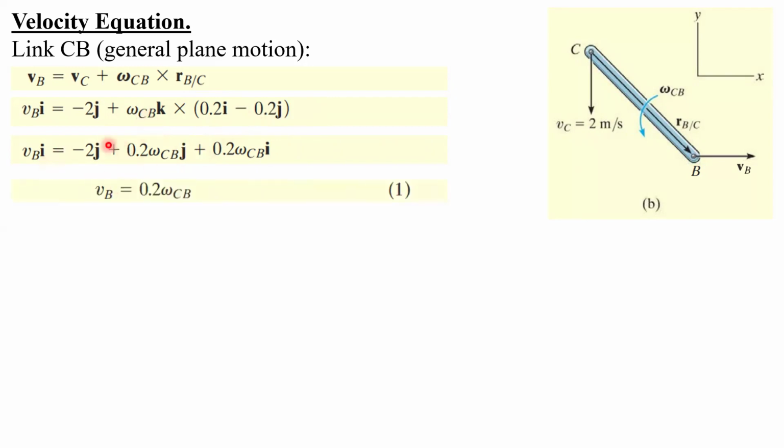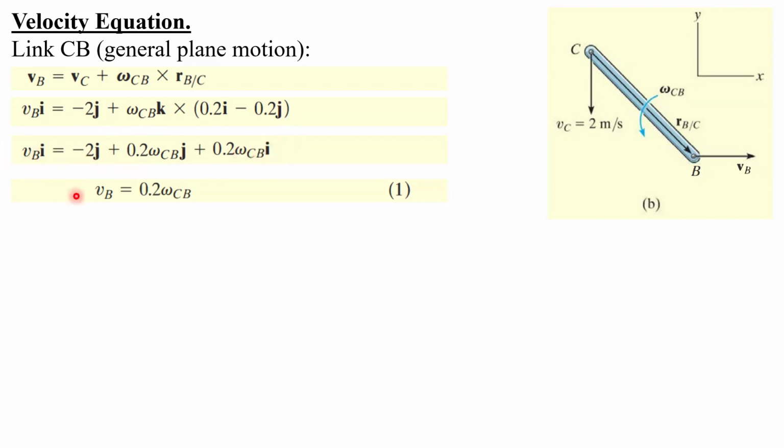So from here we can say VB is 0.2 omega CB, because we equate the i components, then we equate the j components. So VB i is 0.2 omega CB i.